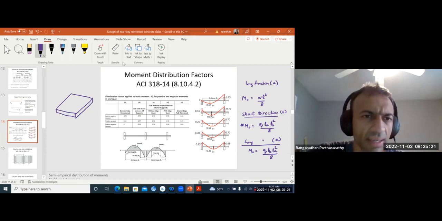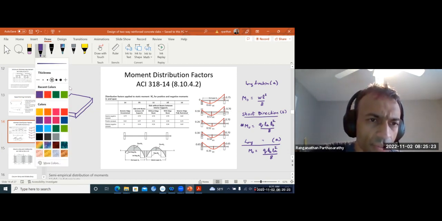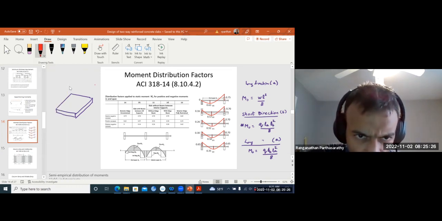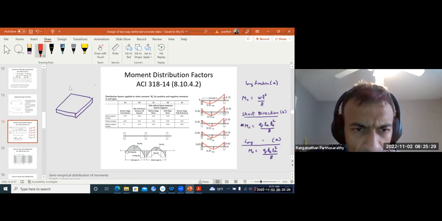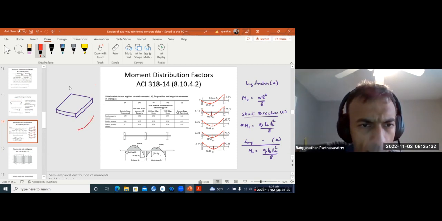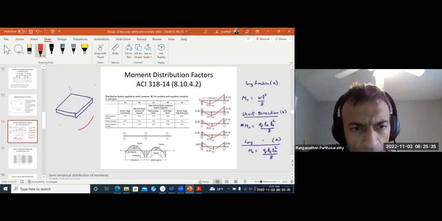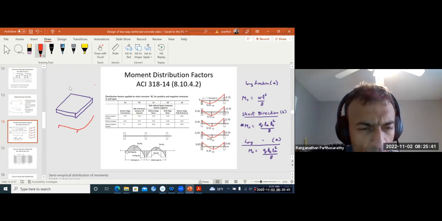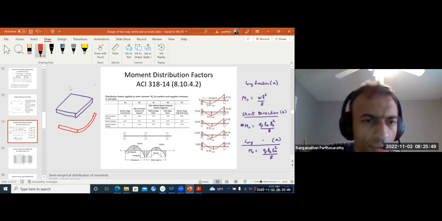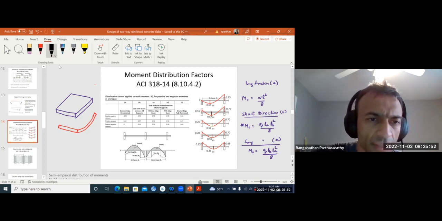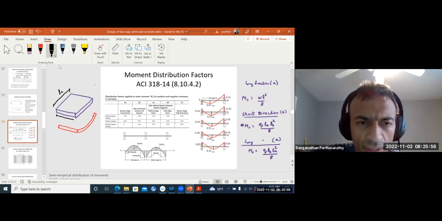Because it's just like that's your slab. And if I'm bending like this, so this is my long direction, LA, LB.